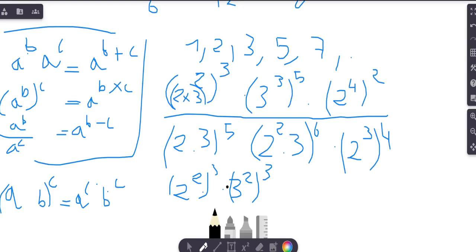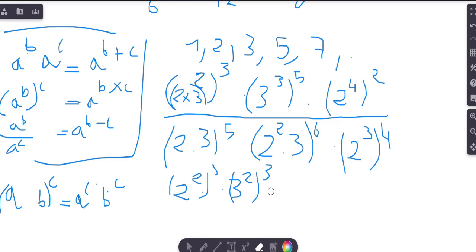But we are going to use another exponent law. When we have nested exponent, a to the b to the c, we can multiply exponents: a to the b multiplied by c. So here we can rewrite 2 squared to the 3 as 2 to the exponent 2 times 3, and 3 squared to the 3 as 3 to the exponent 2 times 3.